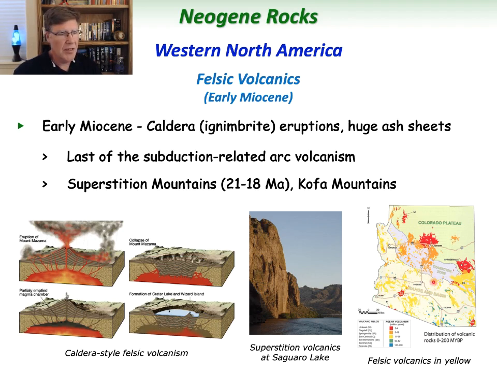So superstitions are here. There are other places in southwestern Arizona, like the Kofas, are early Miocene in age as well. Chiricahuas are more Oligocene in age, so they're older. Because remember, the arc was coming this way. So these spots right here were the last of the arc-related, subduction-related volcanics.